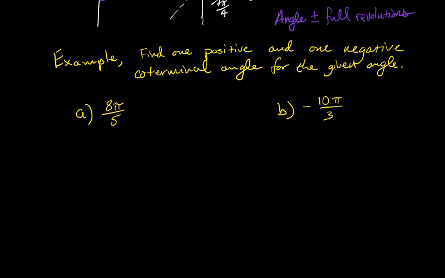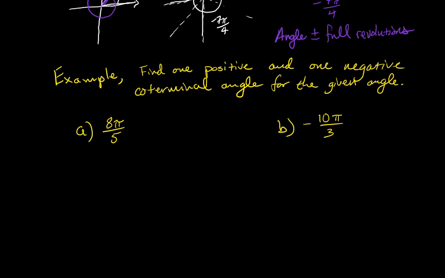So the first angle is 8 pi fifths. Once again, remember the way you want to do this is you want to do the angle, then plus or minus full revolutions. So we're going to write 8 pi fifths, and we're actually just going to write plus or minus 2 pi. And so I'm going to get a common denominator, times 5, times 5.